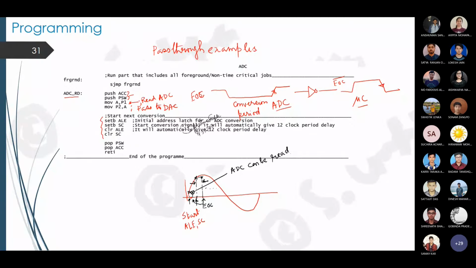I am saying that we are pushing the data to the DAC without even checking if it is ready to take data or not. No, in case of the DAC, it is not required. Because in the DAC, this process is actually very fast, so you do not need to do that.